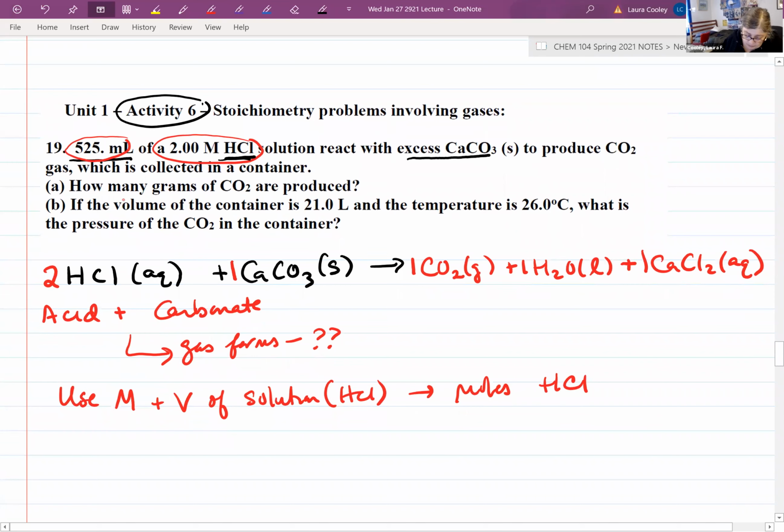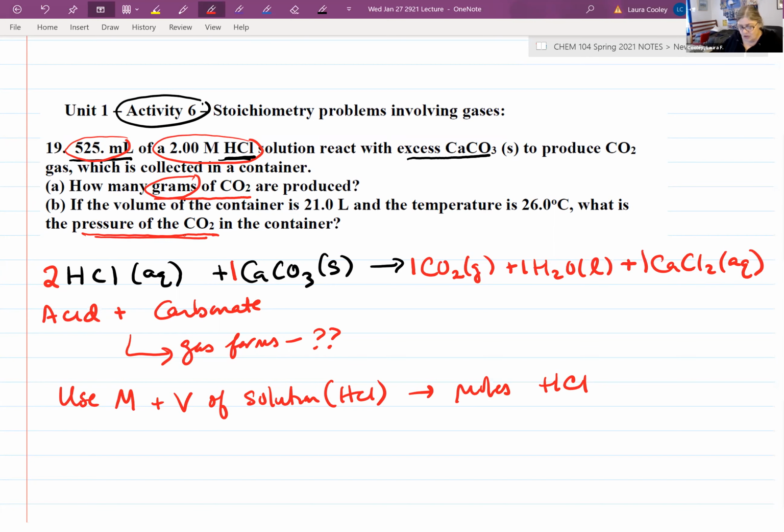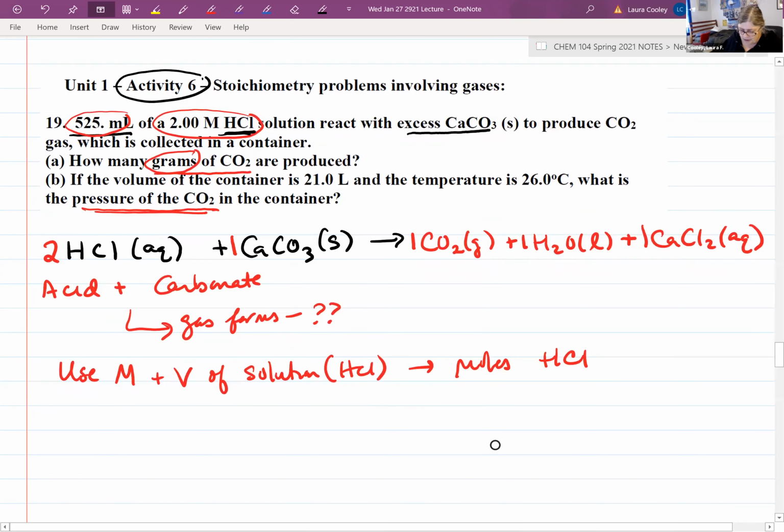But what it's asking for is the grams of CO2. This is actually a general chemistry 103 problem because it doesn't involve gases at all. It's just asking you for the grams of CO2. Later in the problem, you're asked for the pressure of the CO2 in the container that it's collected in. But initially, part A is just a straight stoichiometry problem.